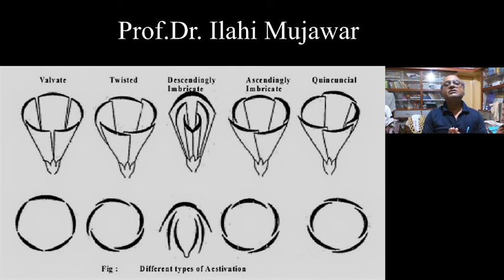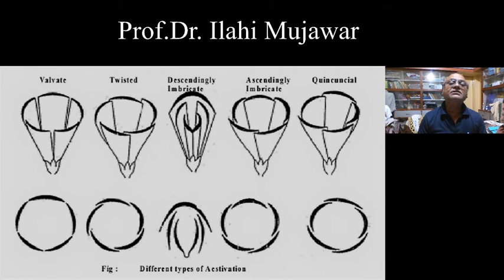And another one is the number 3 diagram, that is the descending imbricate. Generally it is called the vexillary type of estivation, found in the famous family Fabaceae or Papilionaceae, which has the papilionaceous type of corolla.